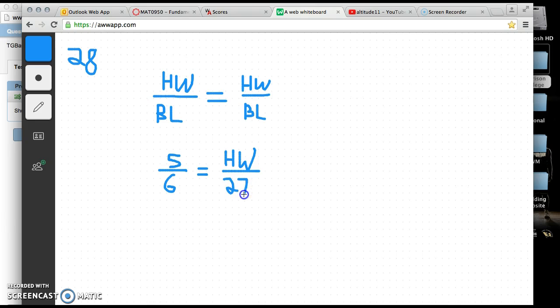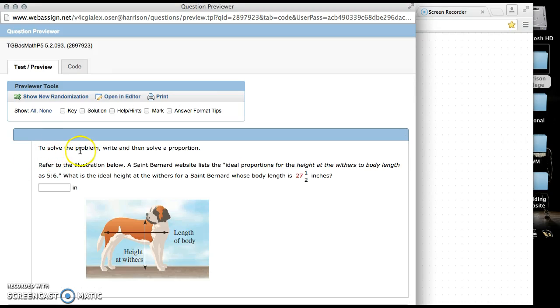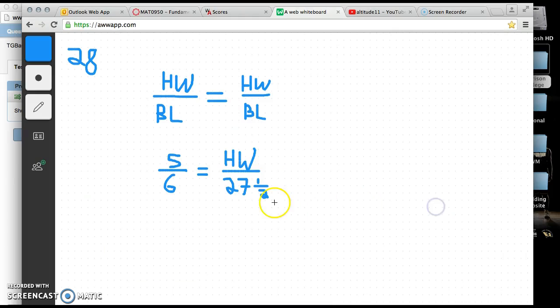So we've got 27.5. So here is our proportion that we need to set up, right? So basically this is step one of the problem because it says to write and then solve a proportion. So we've now written our proportion here. Now we just have to solve it for this unknown value, which is height at the withers.